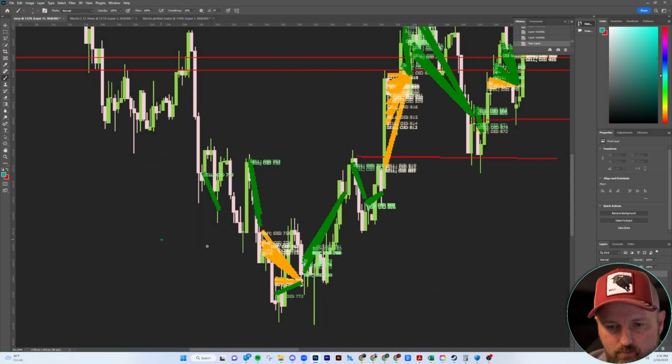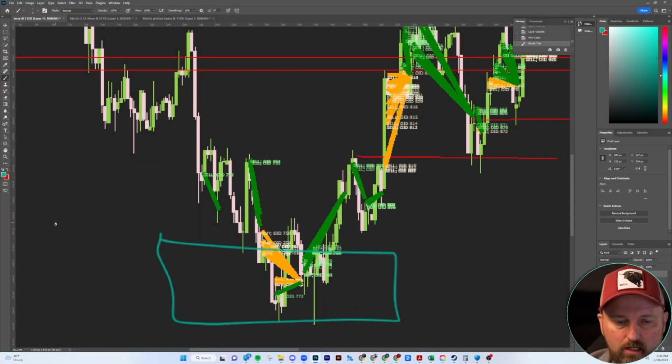And then for good measure, learning the 1, 2, 3s when it comes to attempting that breakout. How many times is it attempting to break? Is this the first attempt, second attempt, third attempt? Oh, third attempt. I'm probably going to play in that direction. Now that normally is going to come on that third attempt. So when it's up against an outside range, those 1, 2, 3s don't come into factor because it could break and run at any time.